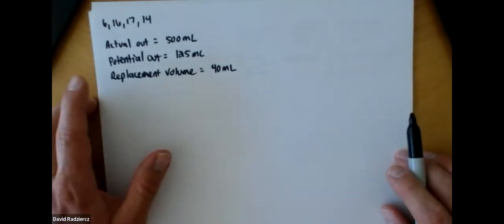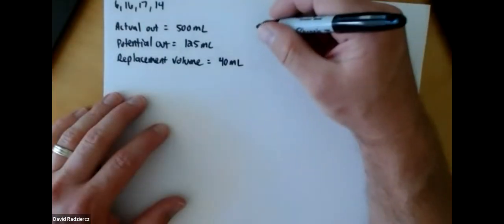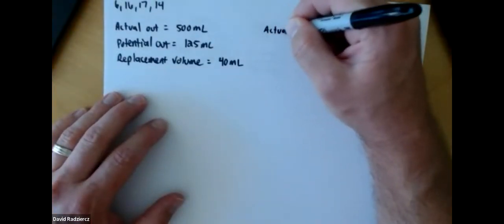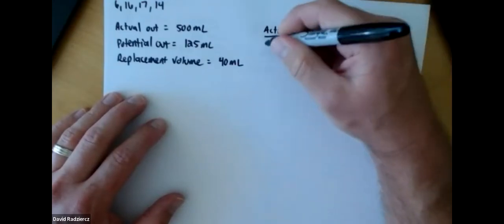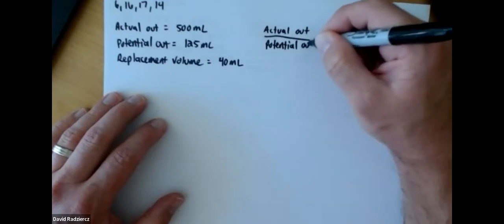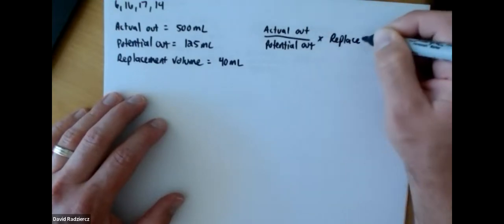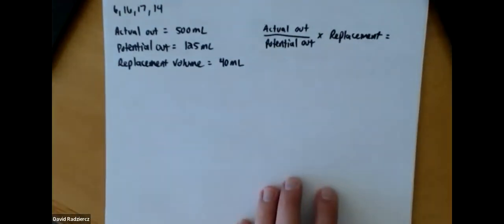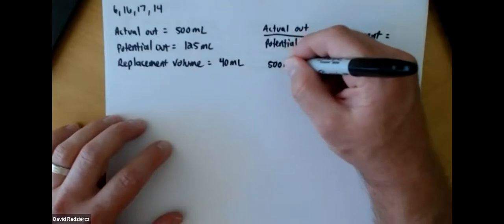Anyways, so my actual output, and just to streamline this, if you follow this formula, you should be able to get this question right every single time. Okay, so I'm going to take my actual output of 500 milliliters.